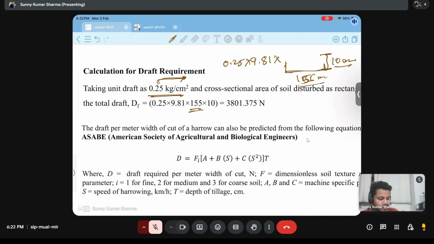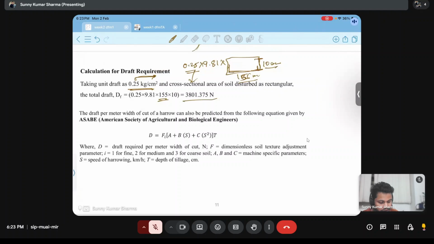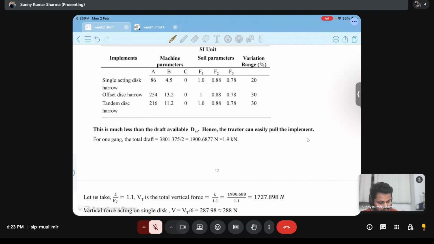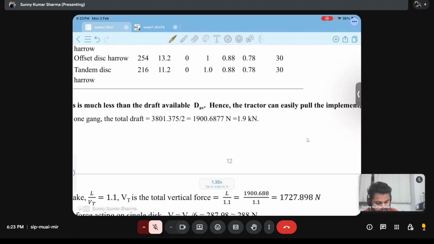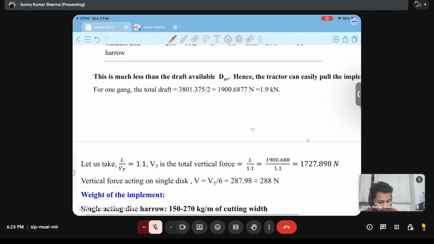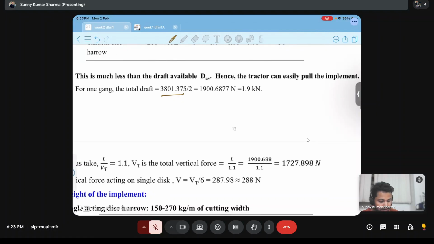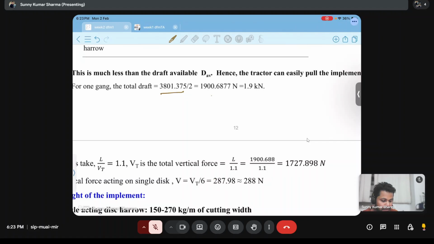This centimeter into this centimeter we get the area, into 0.25 we get the draft. This will come as 3801 Newton. That is 3801.375, which is for two gangs. For one gang it will be 1900, or 1.9 kilonewton.